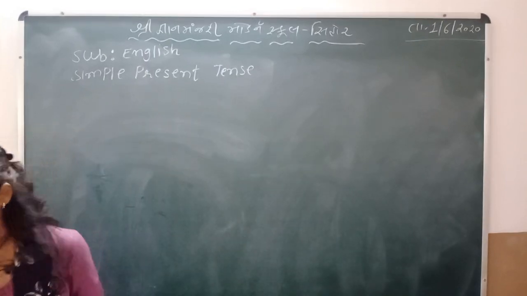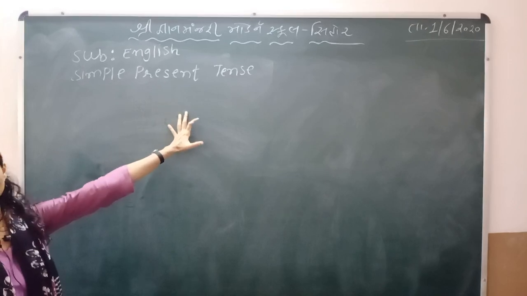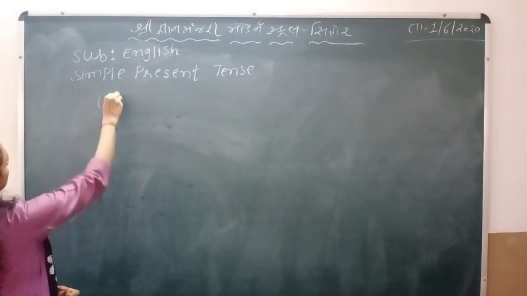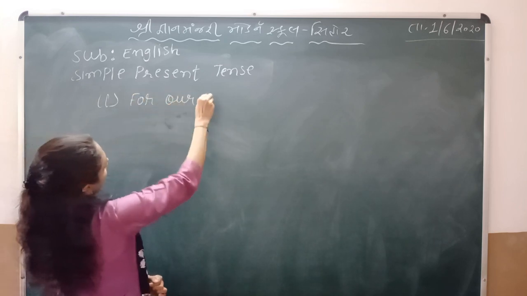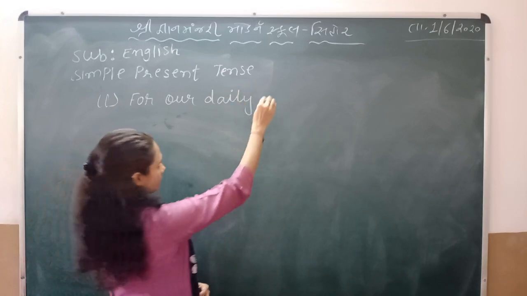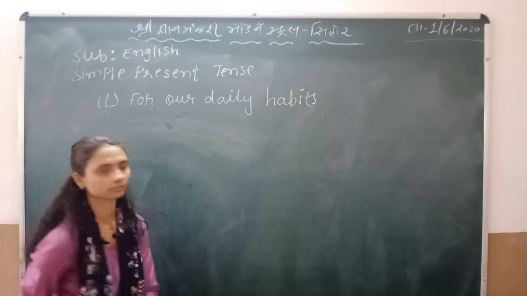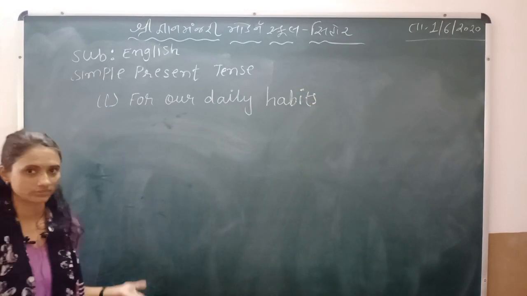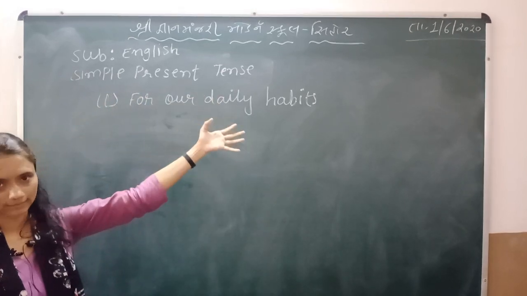Okay, so first, simple present tense. Where can we use this tense? This tense is used for our daily habits. It means if you want to tell your habit to someone, you have to use this tense, simple present tense.